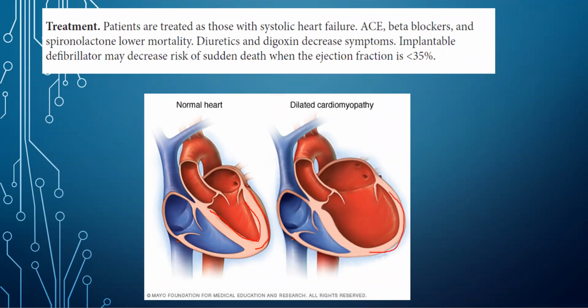Because of that, it cannot pump out enough blood. If it cannot pump out enough blood, what type of heart failure can it cause? Guys? Cannot pump out. Pumping is done by systole. So systolic heart failure. Good.